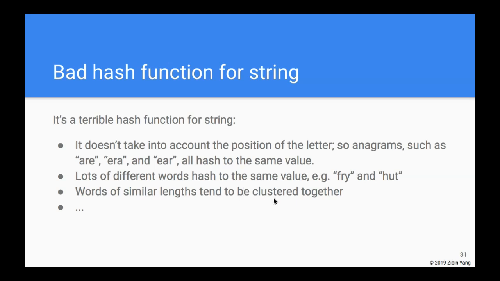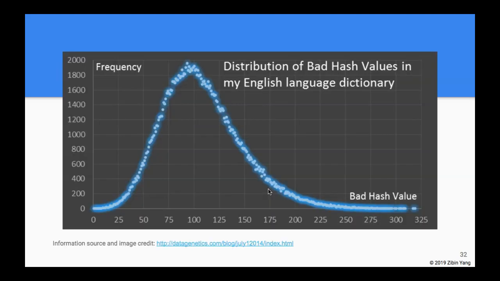But to show you, this is a graph that I dug up, where somebody took all the words from an English language dictionary and hashed them using the scheme we just talked about. These are all the possible hash values.